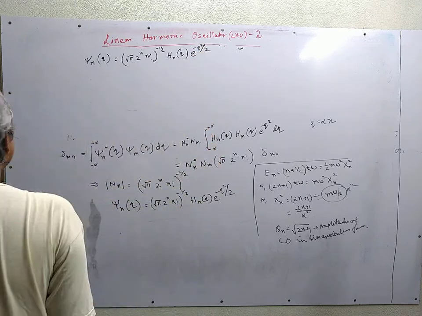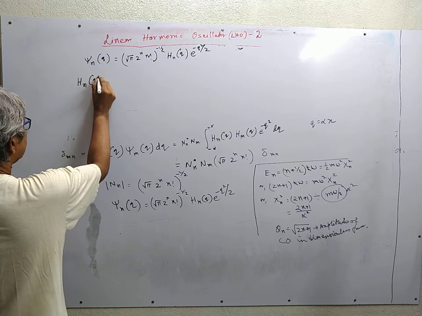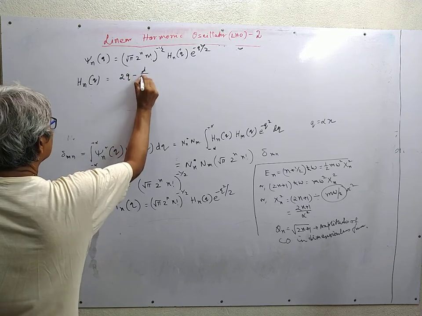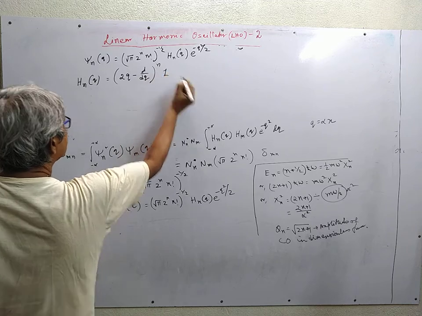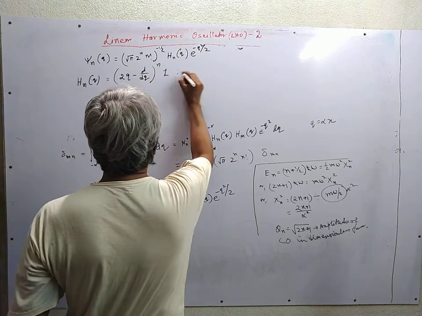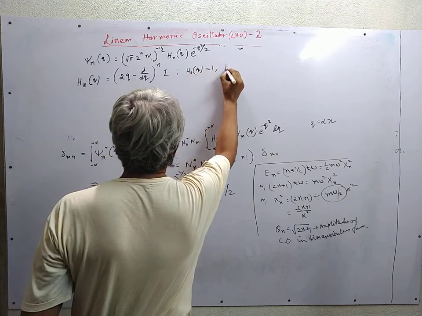Now, how to know Hn? Hn of q can be obtained from this relation very easily. So H0 of q is equal to 1.